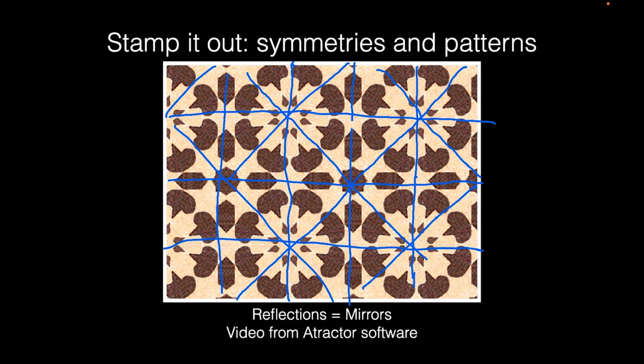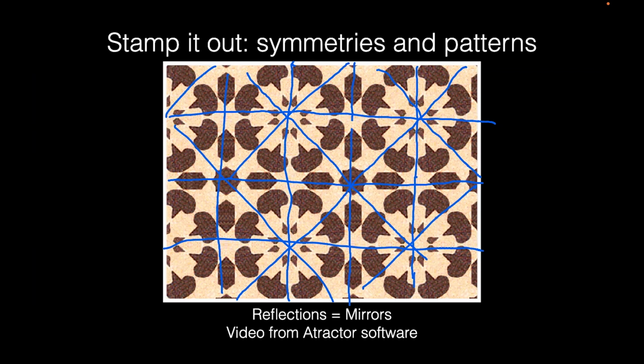So basically this pattern here, I can define one of these triangles. I can label it by the mirrors it has, and this is enough information to repeat the entire thing.